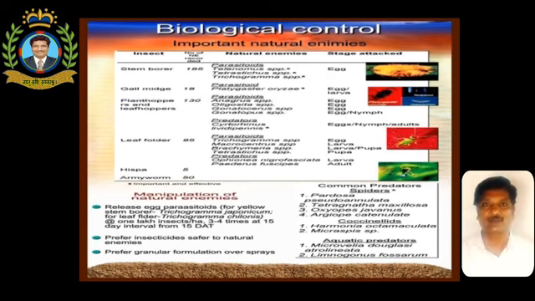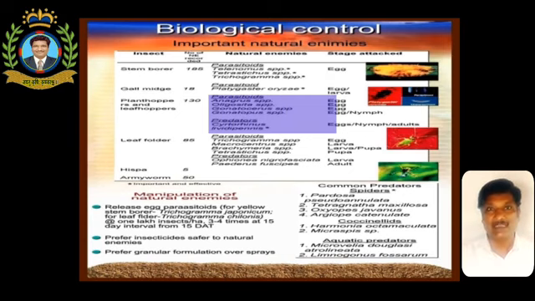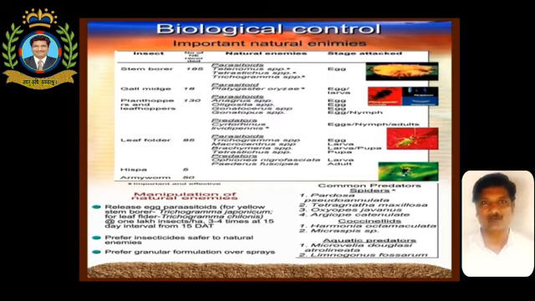Leaving that apart, different parasitoids, mostly the egg parasitoid known as Oligosita species. Another one is Anagrus species. Both of them are egg parasitoids. Leaving that apart, egg or nymphal parasitoids such as Gonatopus species are preferred for controlling plant hoppers.